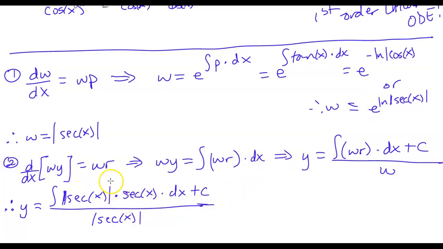At this point in our problem, one thing I do want you to notice is that we have absolute value of secant, but then we also have just regular secant. So in order for these to work together, we're going to have to concede to the absolute value of secant, which means that we need to find the values of x for which secant is non-negative.